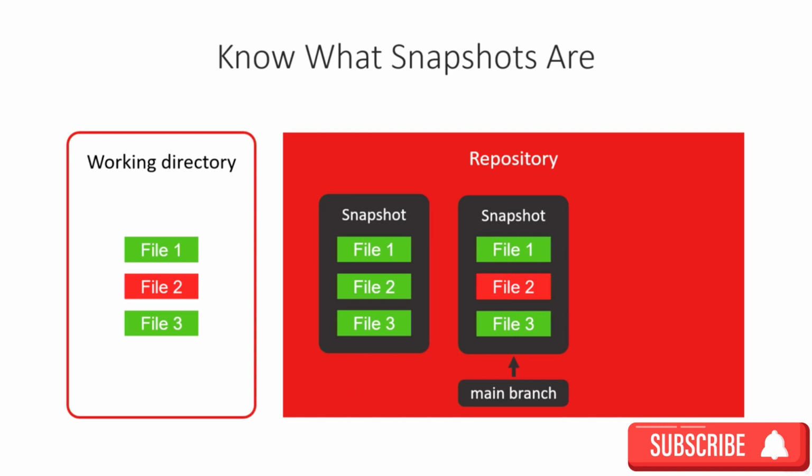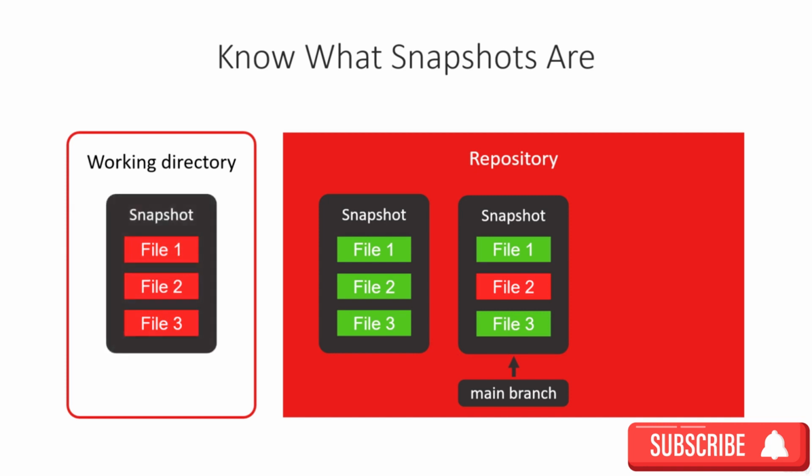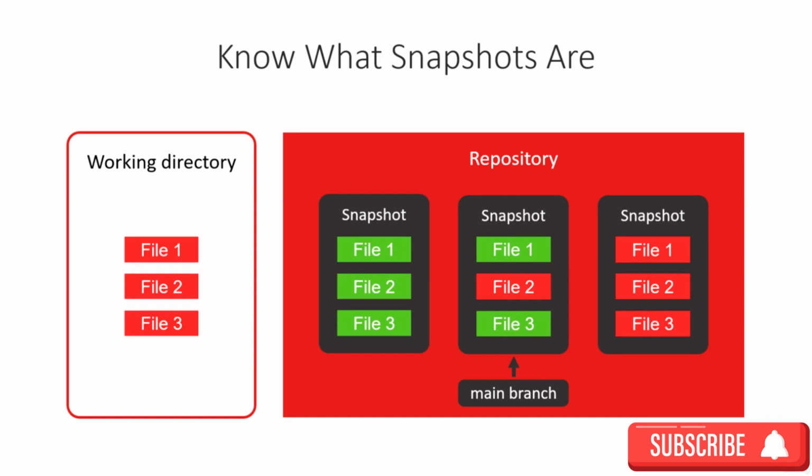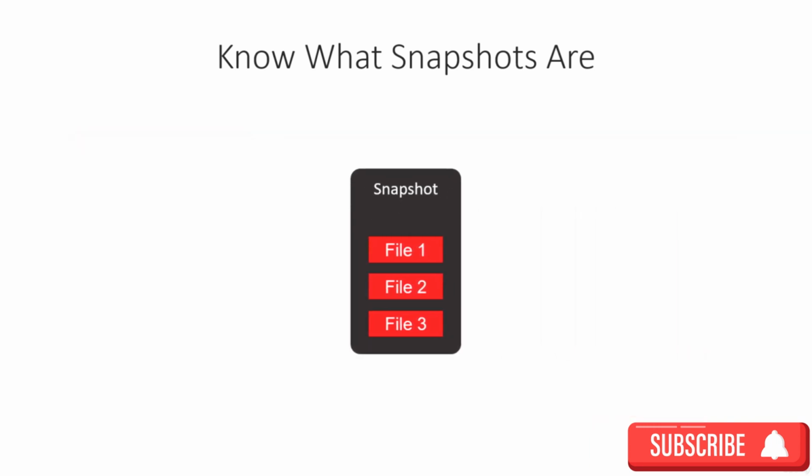When you change now, for example, file 1 and file 3, and when you stage and commit your changes, Git creates another snapshot. Again, that snapshot is stored in the repository, and the main branch is moved to point to that new snapshot. Now, as I mentioned already, the term snapshot means in Git actually a commit.